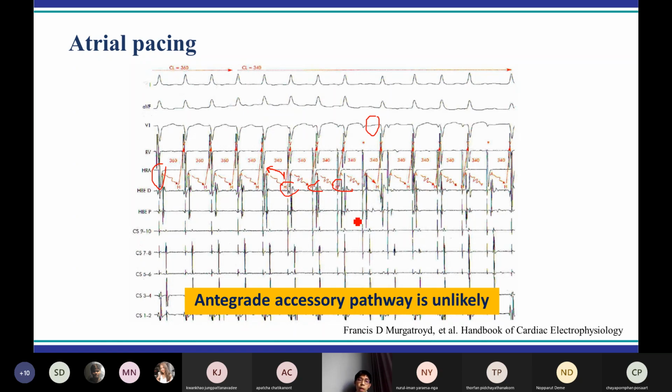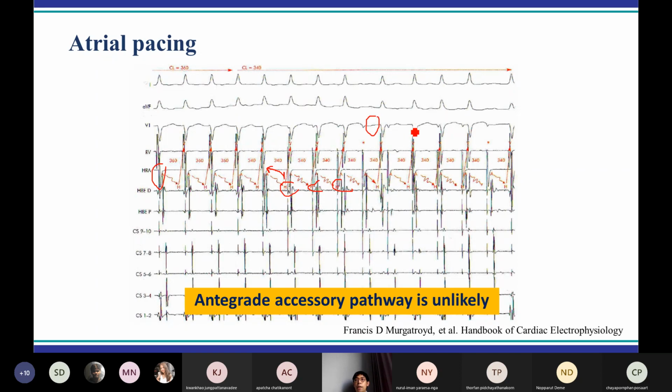And it would result in AV block if you pace fast enough to put the whole AV node into the refractory period. And if the AV block occurs and you see dissociation between the A and V, that means there's no connection between A and V because the AV node was blocked already.